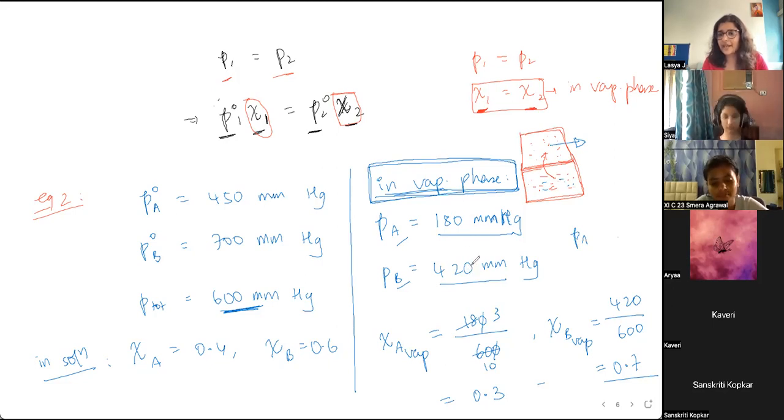So when you have a mixture of gases, what is the relation between all their partial pressures and the total pressure? They have given 180 and 420. No, you found this out from Raoult's law again. So partial pressure is equal to mole fraction of A times P naught of A. Yeah, okay. So this will be equal to... why do we have 600, you can write down.